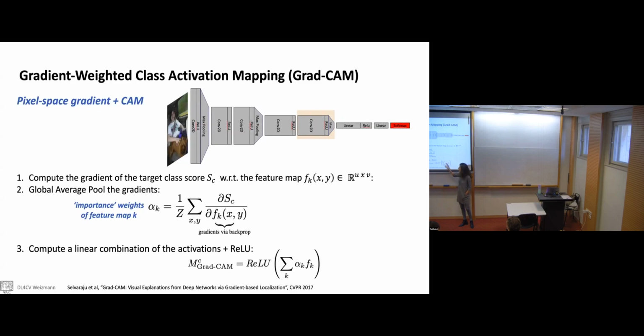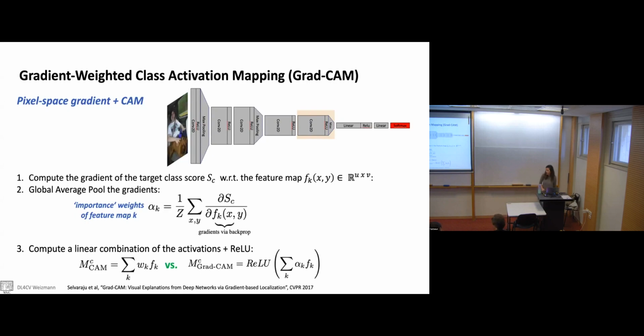Only here, the weights are not given directly by the linear projection of the classifier. The weights are given by these importance weights that we computed using backpropagation, which means we computed how each spatial location in each feature map affects the classification result, and then took the spatial average over this gradient map. Okay?